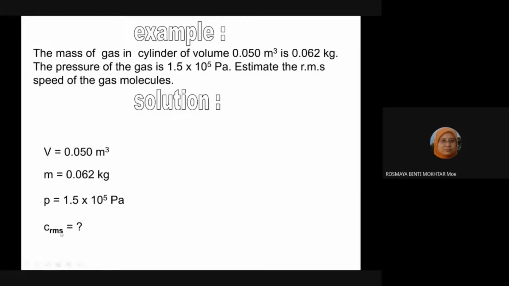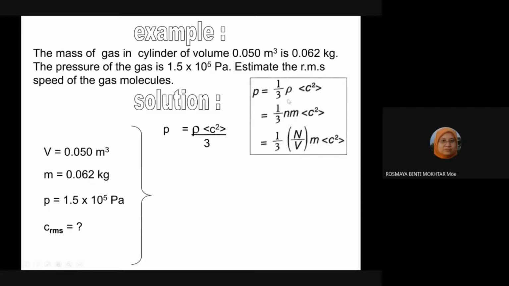So from the formula just now, which one is to be used? From these 3 equations, n is not given, the number of molecules we don't know, and the number density also cannot be used.